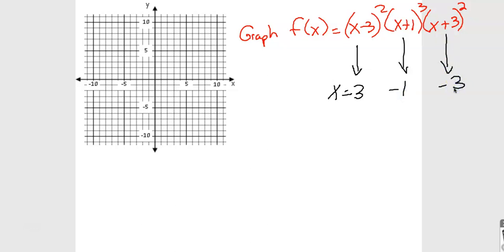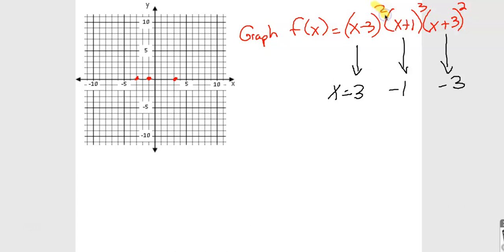So I'm going to come over here immediately and put -1, -3, and +3. Those are my zeros.